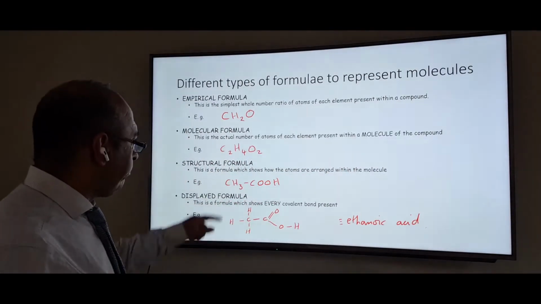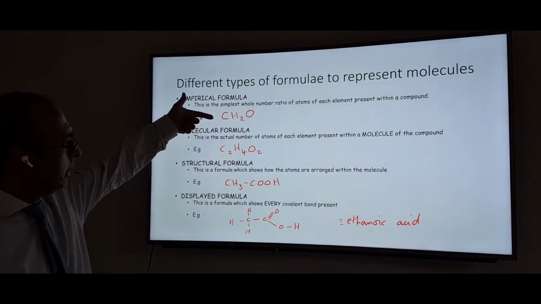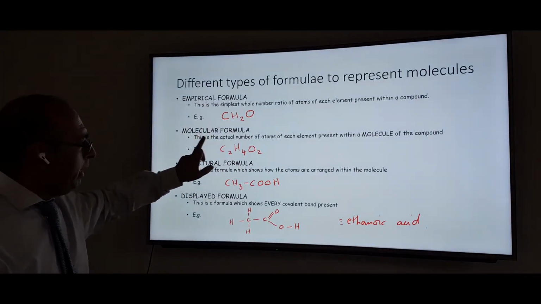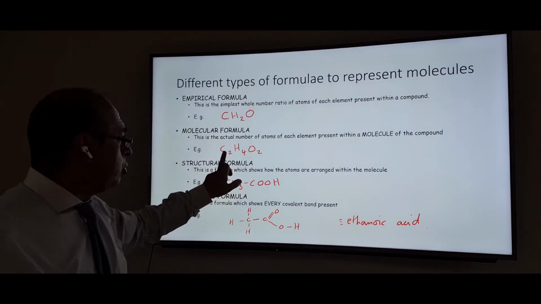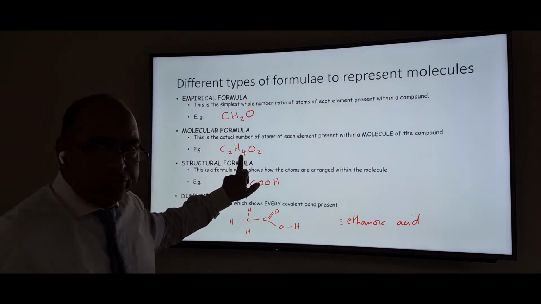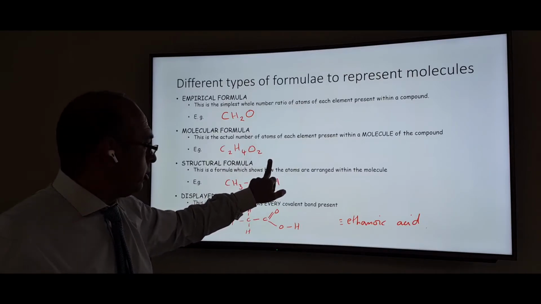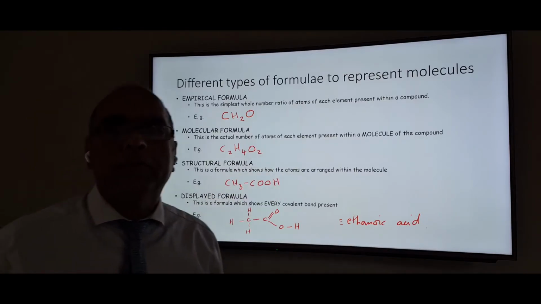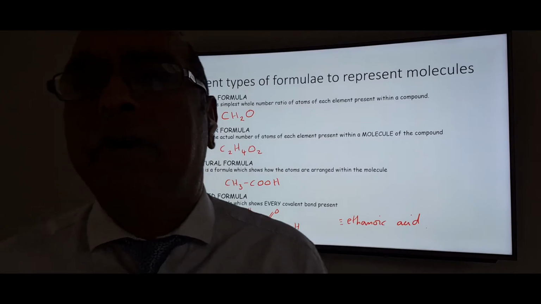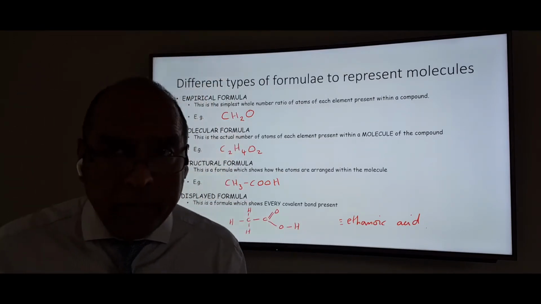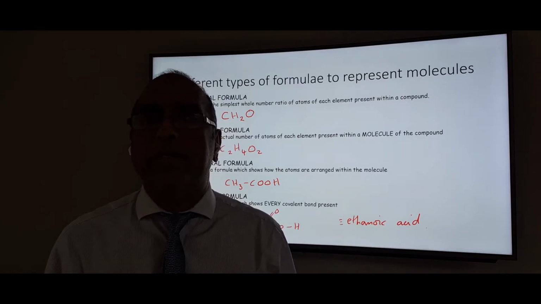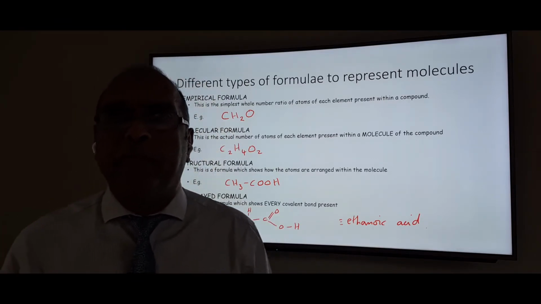Say we had CH2O as the empirical formula. Well, the molecular formula might be that in every molecule there are 2 carbons, 4 hydrogens, 2 oxygens. Clearly, if you've got 2 carbons, 4 hydrogens, 2 oxygens, they can be arranged in different ways.